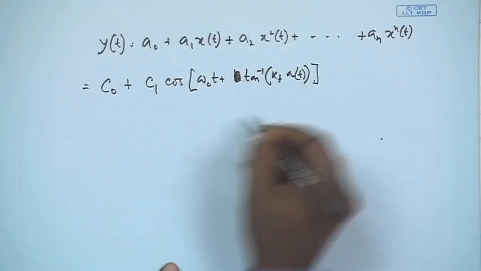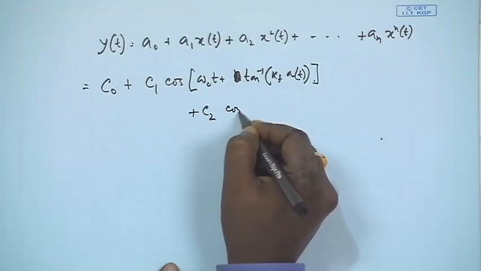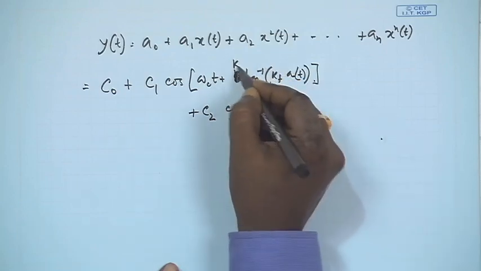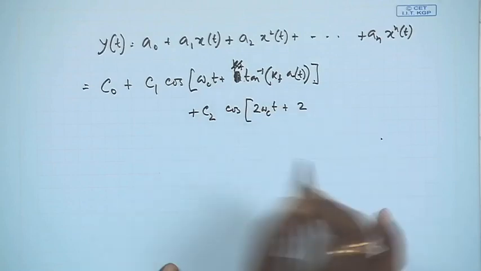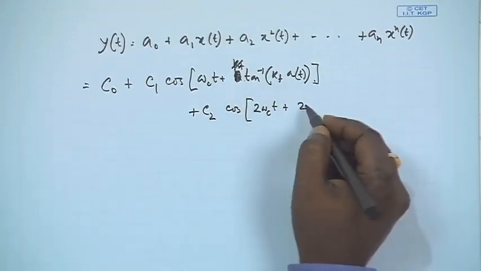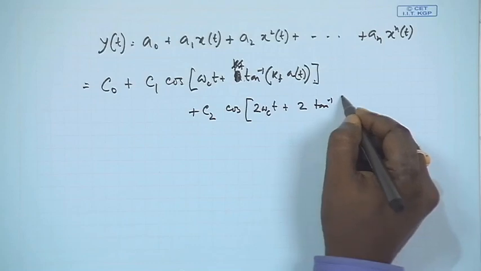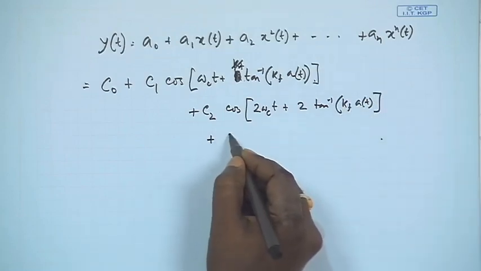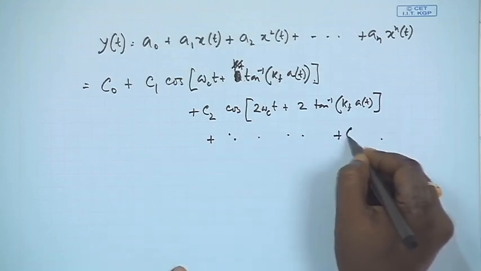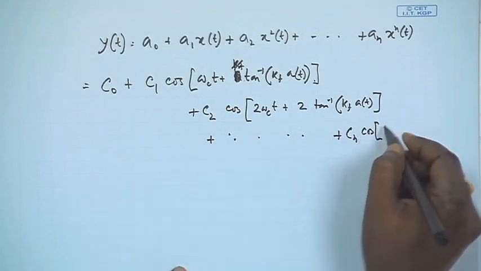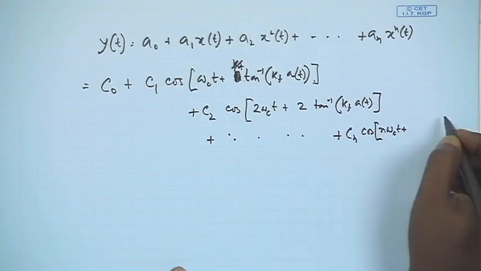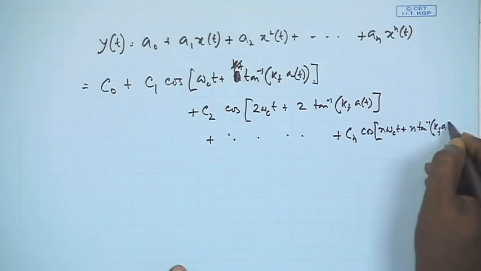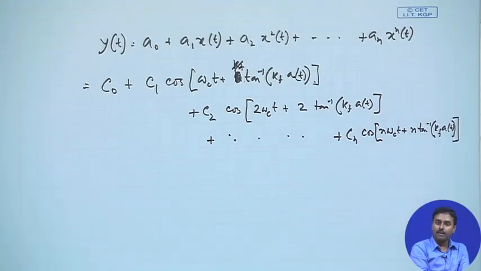So, tan inverse this plus some C2 into cos 2 omega ct plus 2 into tan inverse kf into at, right, and then up to Cn cos n omega ct plus n into tan inverse kf into at, right. This is what will be happening.